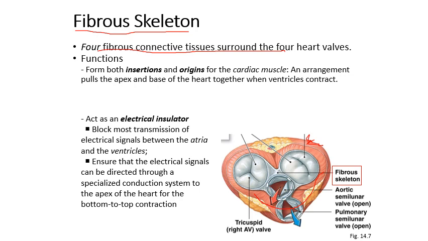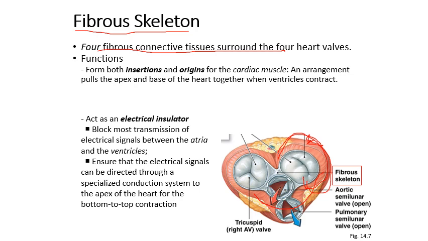It's also the origin and insertion for the heart muscles, because the heart muscle basically does this loop-like pattern. It starts here, moves back, and ends there. So we kind of have this sac-type muscle, and when it contracts, it makes the chamber smaller.